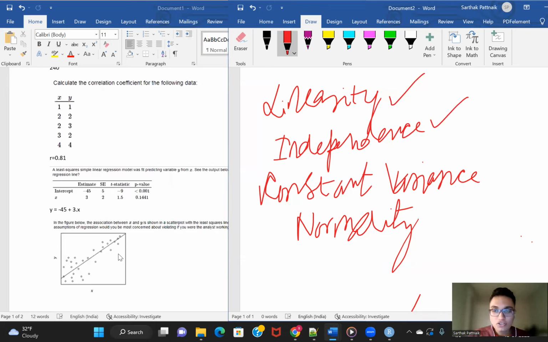So the variance is not constant throughout. It has changed from one position to the other. So we can say that the assumption of constant variance is not met. So your answer would be you will be most concerned about the assumption of constant variance, since this scatter plot is violating the assumption of constant variance.